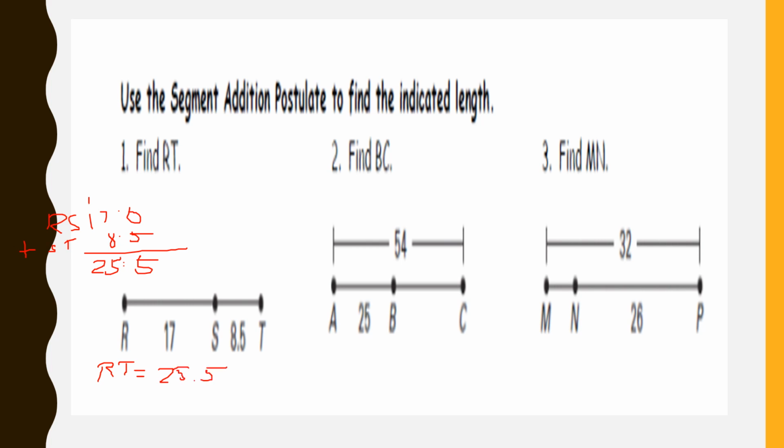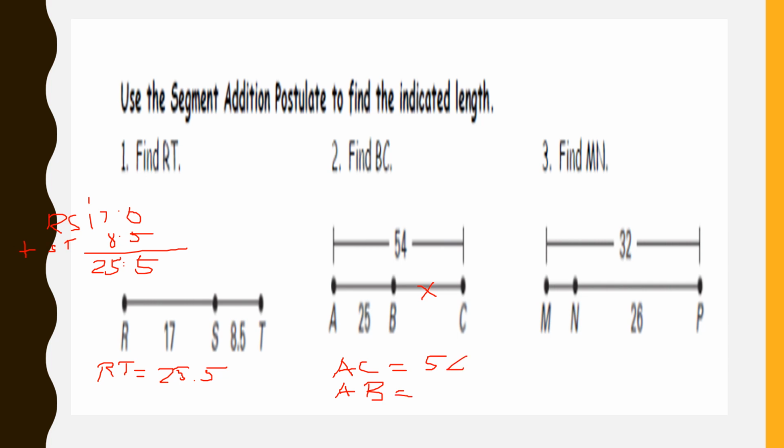Okay, next, let's find BC. So we need to find this part here. We have 54, so our AC is equal to 54. And then we have AB is equal to 25.